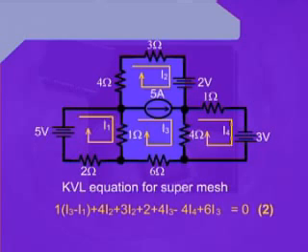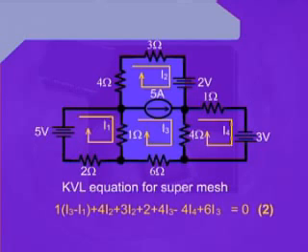Now, looking at this 4 ohm resistance, we again have to consider that there are 2 currents passing through it. One current is I3 and the other one is I4. Because we are considering the loop I3, which is part of the super mesh, we will write the current I3 first and then subtract I4 from it.